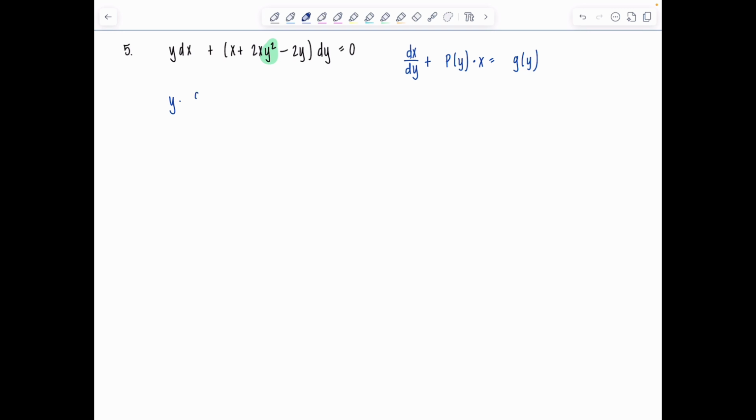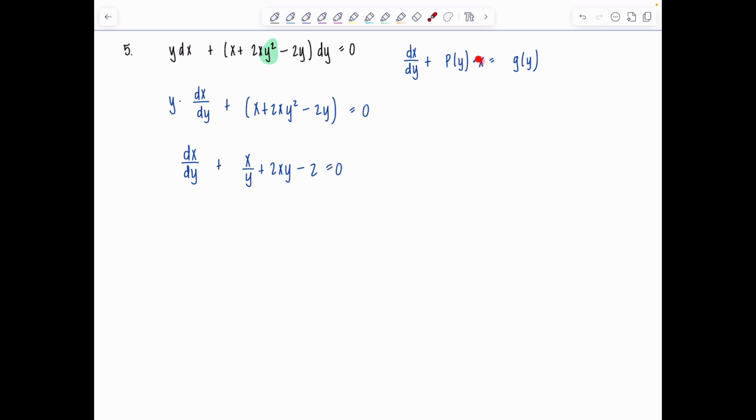So y times dx/dy plus x plus 2xy squared minus 2y equals 0. From here, divide by y. So we've got dx/dy plus x over y plus 2xy minus 2 is 0.